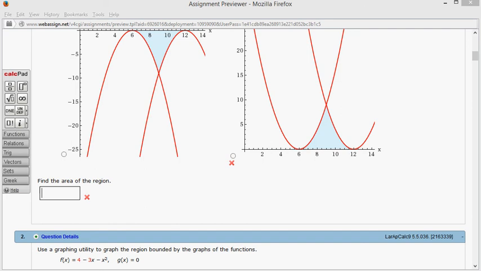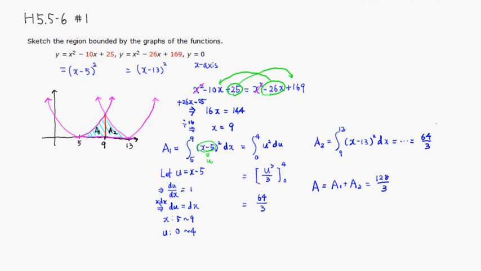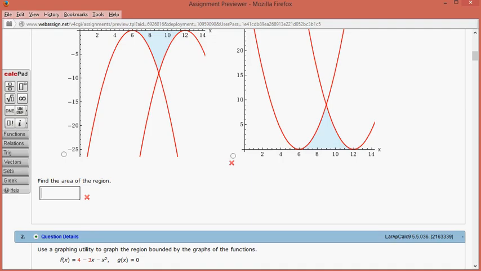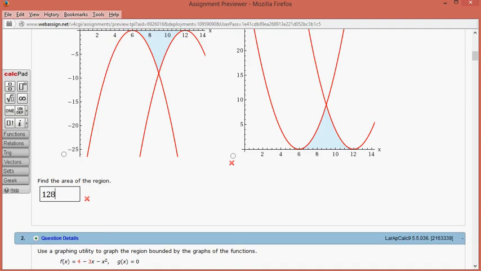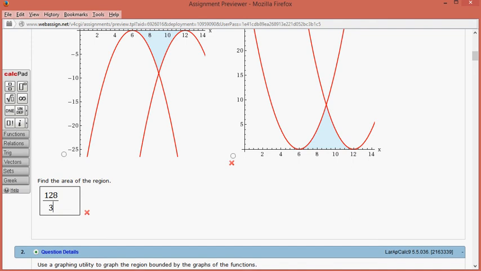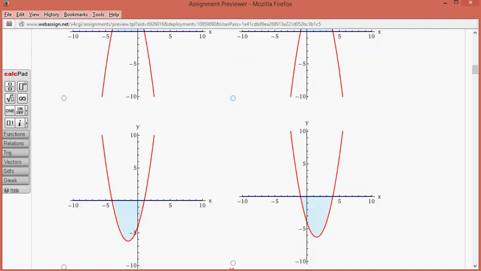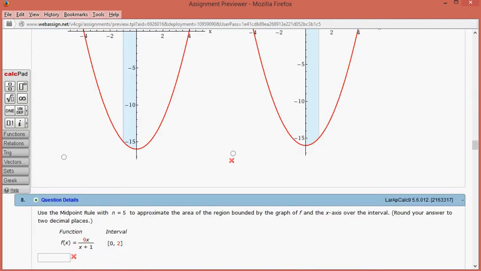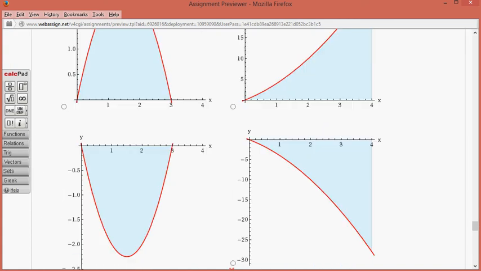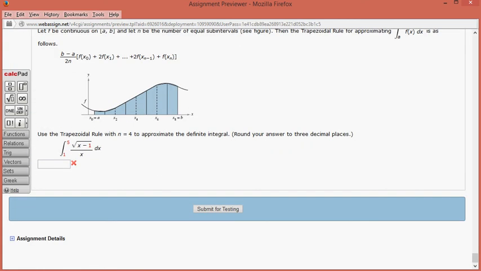Did I mess it up? 128. Okay, so 128 over 3 is the area. Let's submit for testing.